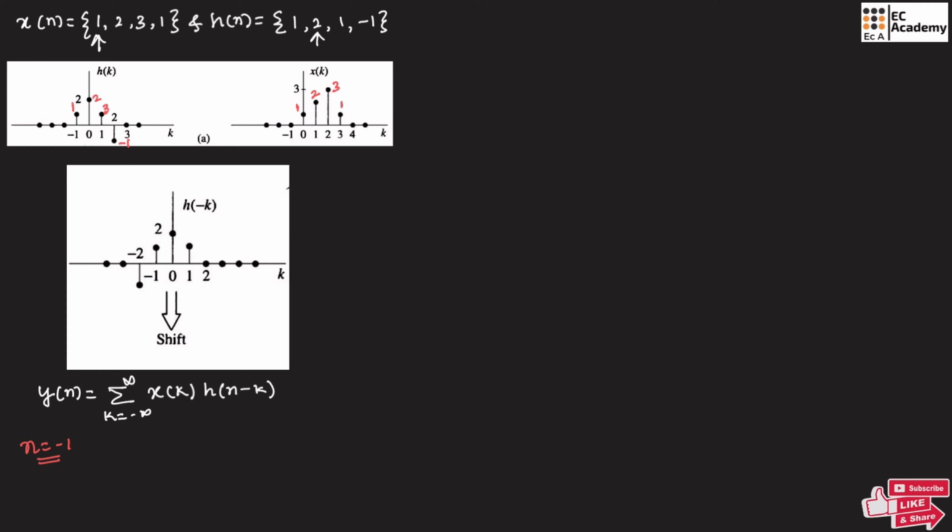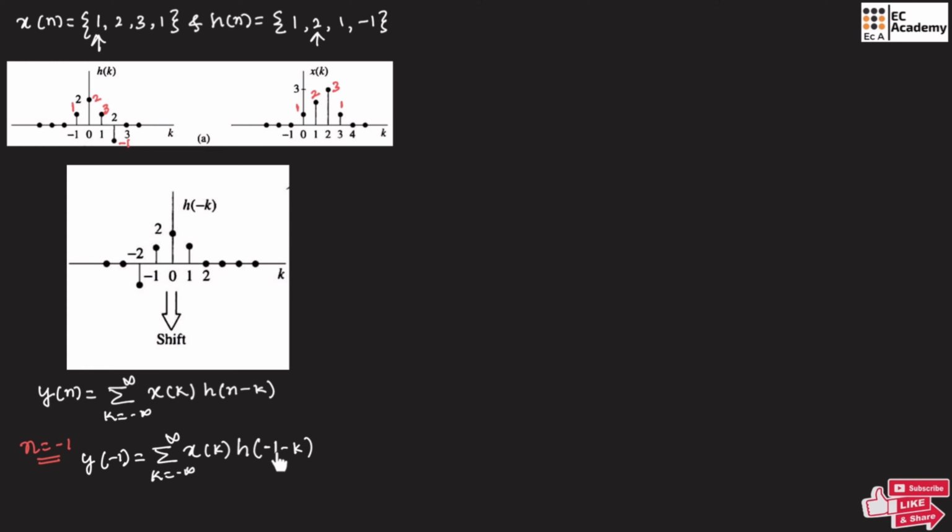To find the output sequence at n equal to -1, let us substitute n with -1 in this equation. So we'll get y of -1 as summation of k equal to minus infinity to infinity x of k multiplied with h of -1 minus k. Here the folding operation is already done in this sequence.